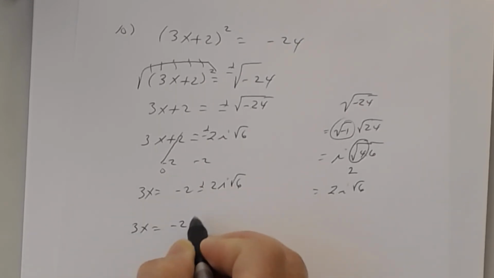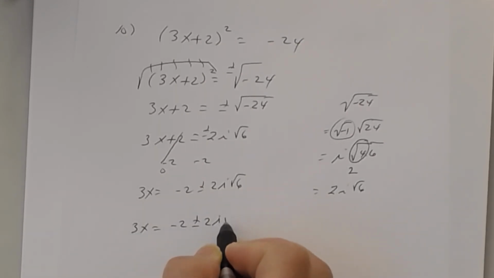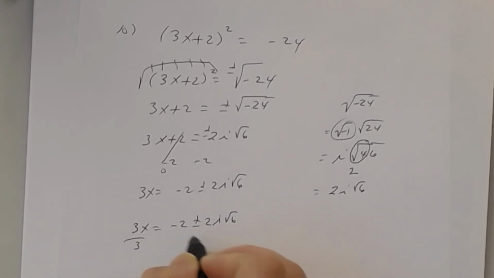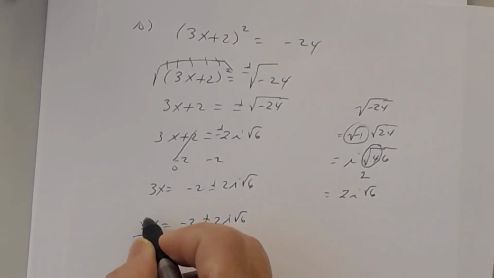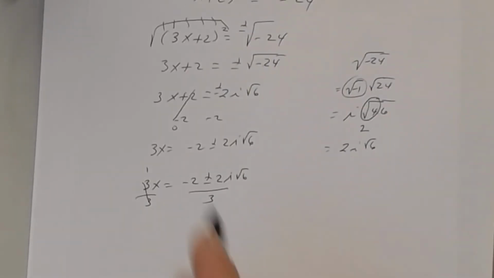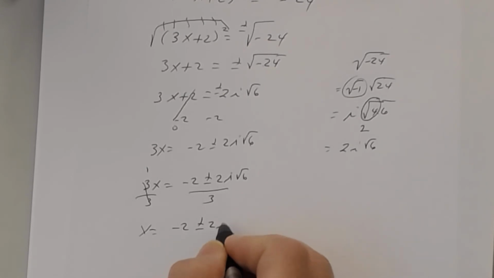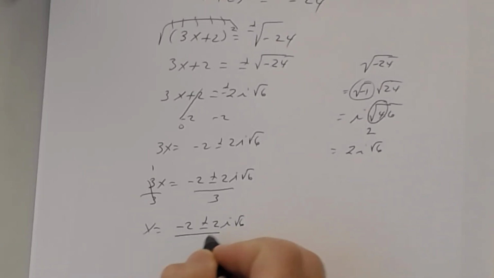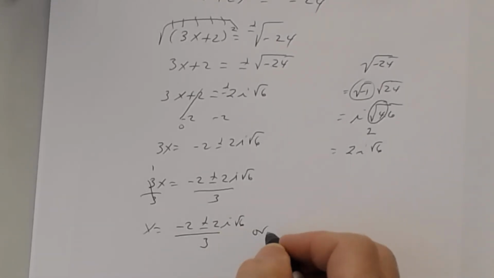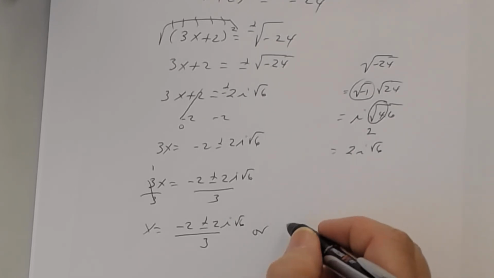Divide by 3. Let's go ahead and rewrite this over. And now you have your solutions. So the 3's divide out. You get 1. So your solutions are negative 2 plus or minus 2i square root of 6 divided by 3. Or if you want to separate them, what are they?